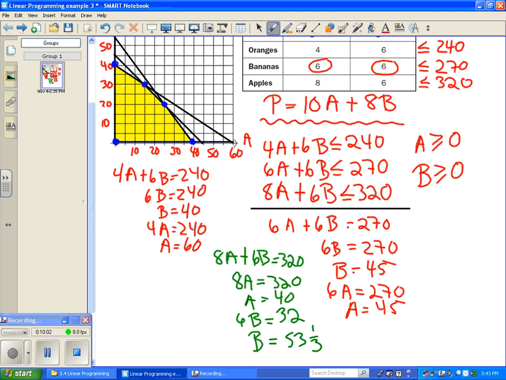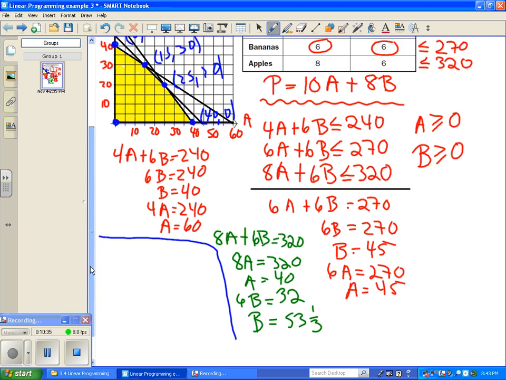Again, this was (0, 40), this was (15, 30), this is (25, 20), and the last one, (40, 0). We need to plug these into the profit equation and check which one comes out to the highest profit.